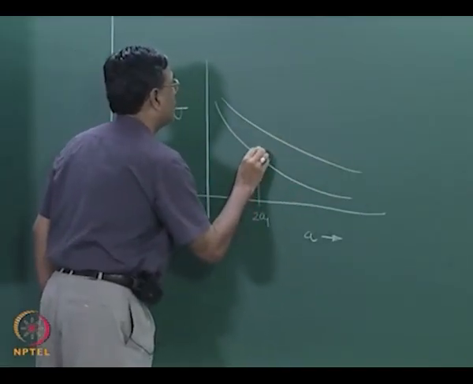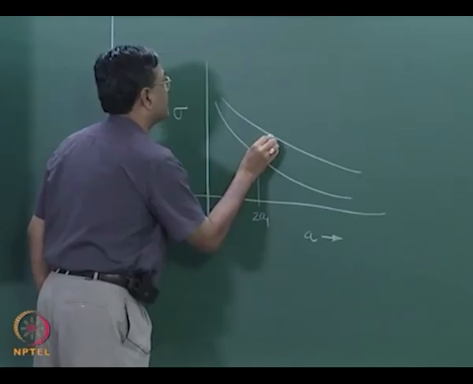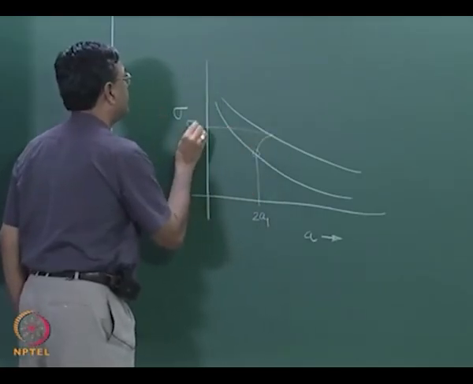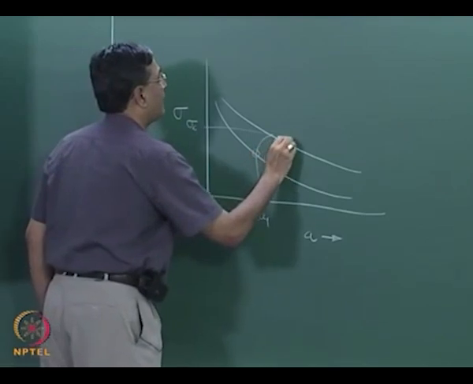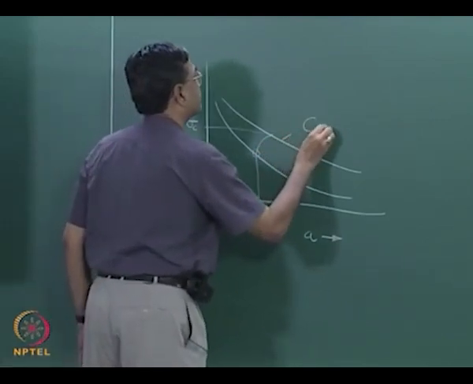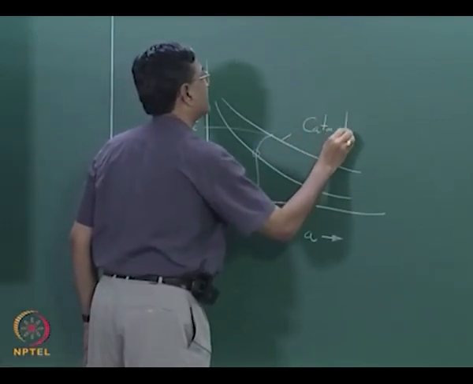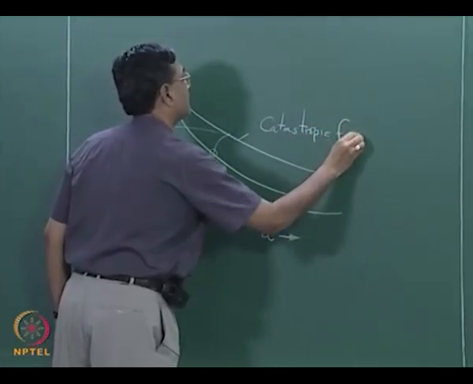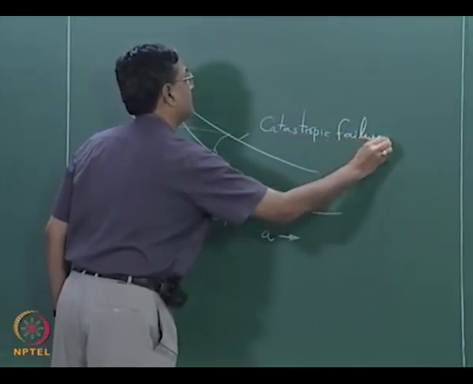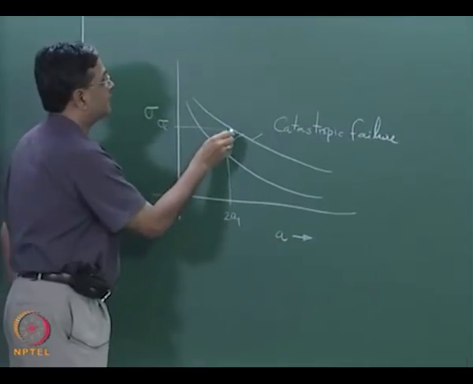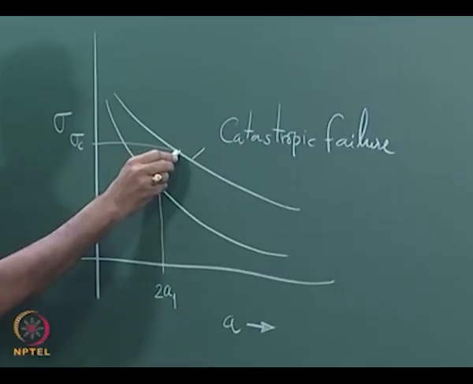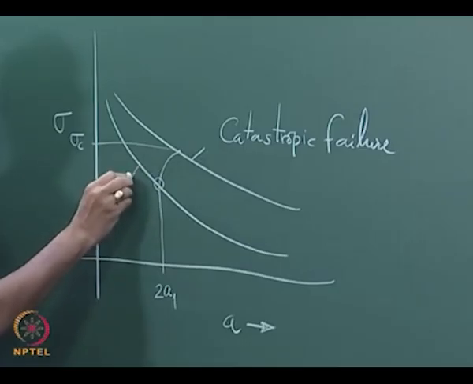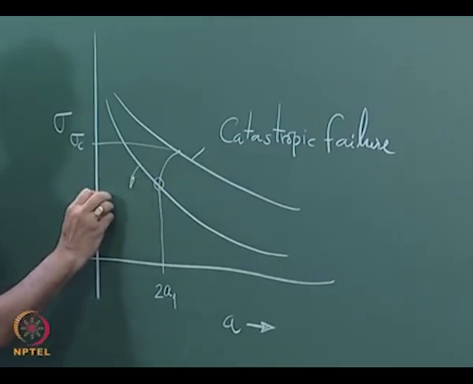The crack would propagate like this, and at this value of stress, which is sigma c, you will have a catastrophic failure. Once the crack length increases and touches this line, you will have a catastrophic failure, and here crack initiation takes place.